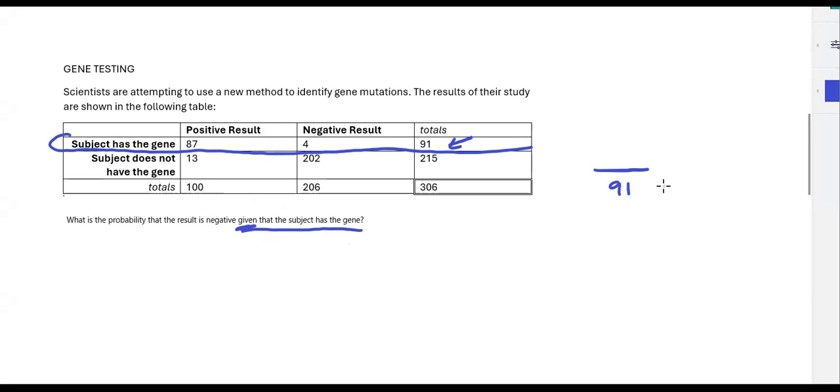Of those 91, or of those numbers in that row, the question was, what is the probability that the result is negative? So negative was this column here, and it was the 4 in this case. So I could only look in this row, and I had to determine from this row how many people have the negative result, and that was, according to this chart here, 4. So I got 4 over 91.